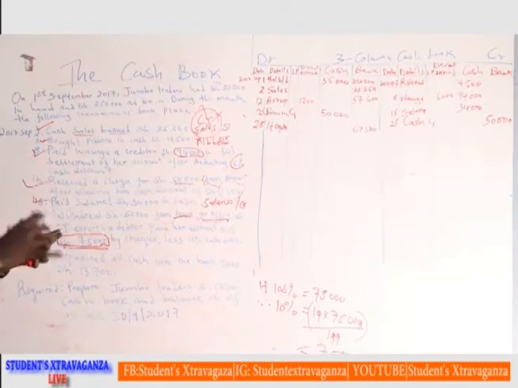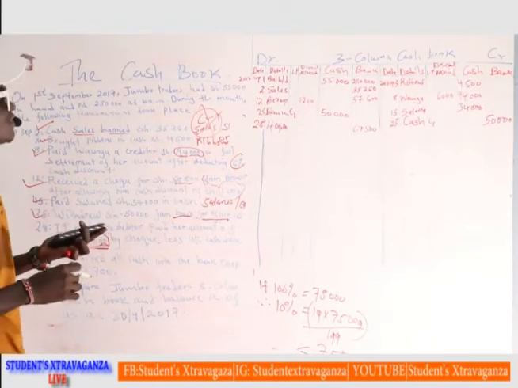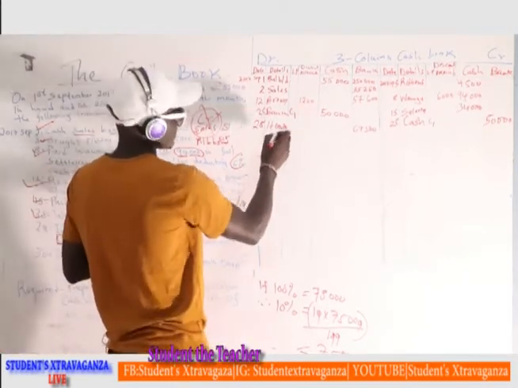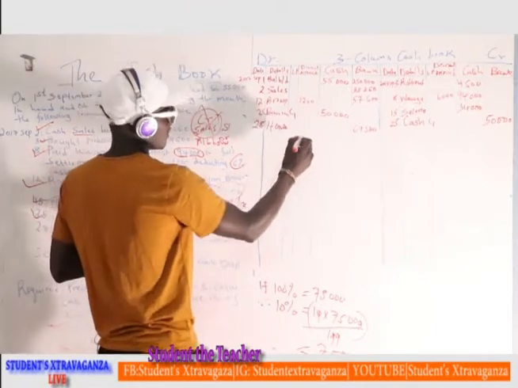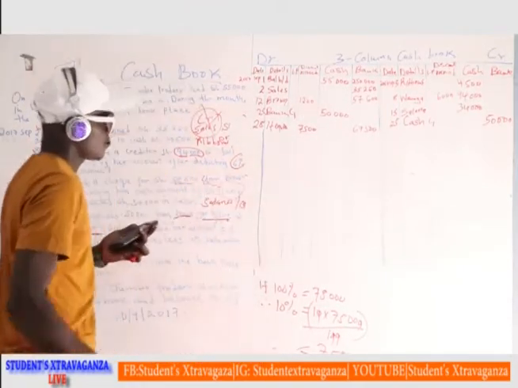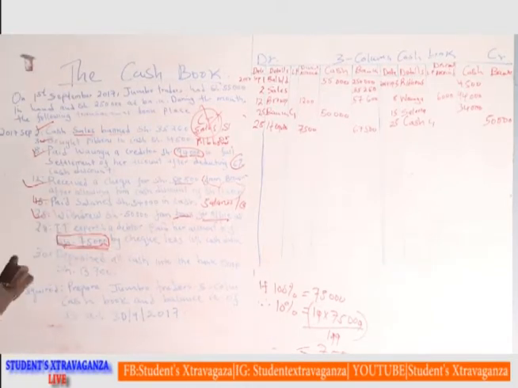There is nothing like a check account. We have bank account, 67,500. That one is IT experts. Discount that was allowed is 7,500. That is the discount allowed. We are done with this transaction.